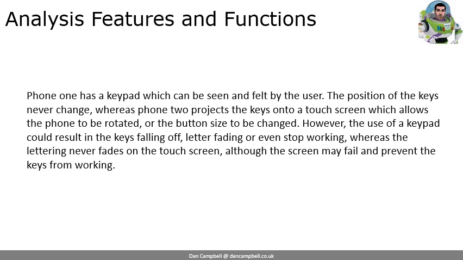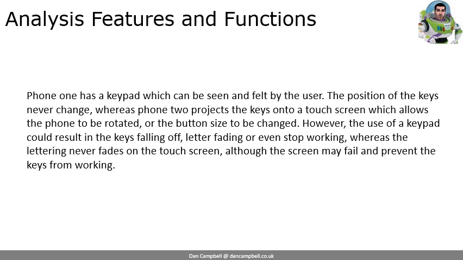The position of the keys never change, whereas phone 2 projects the keys onto the touchscreen, which allows the phone to be rotated or the button size to be changed. However, the use of keypad could result in the keys falling off, letters fading, or even stopped working, whereas letters never fade on the touchscreen, although the touchscreen may fail and prevent keys from working.